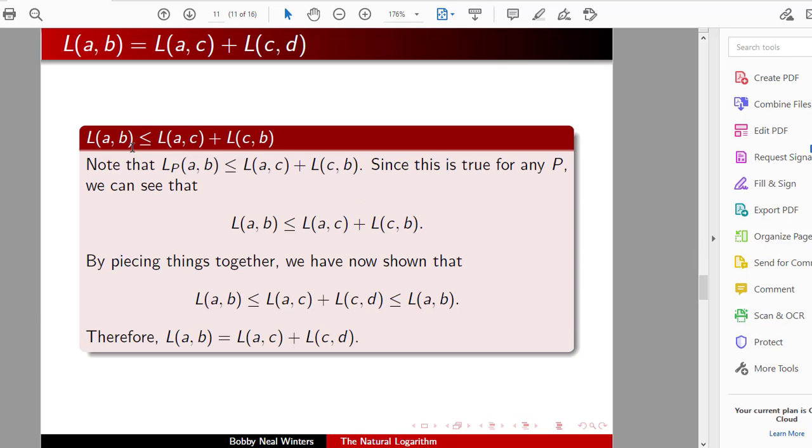So now take that and note that L_P(A,B) has to be less than or equal to L(A,C) plus L(C,B).